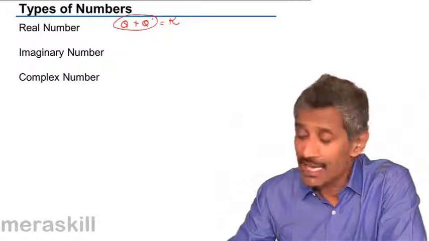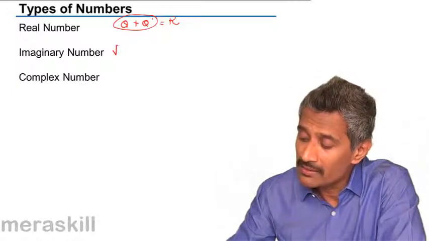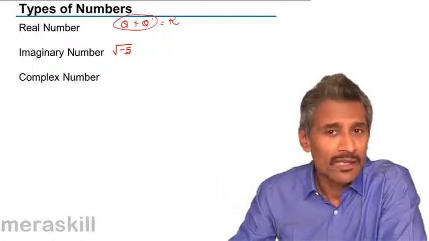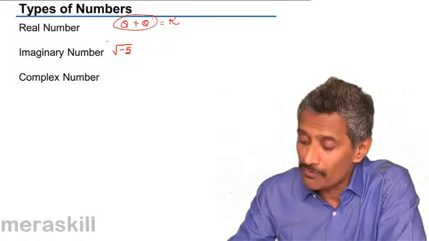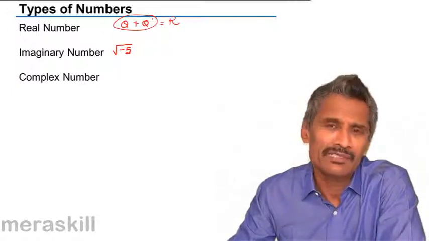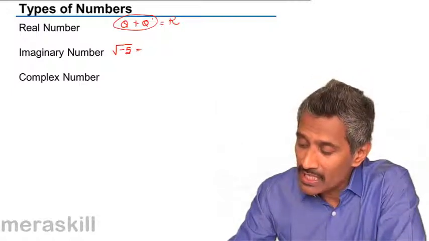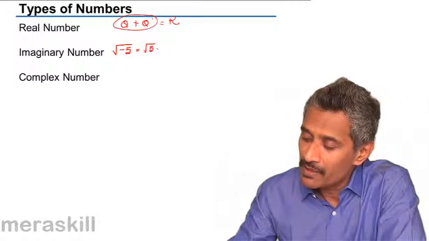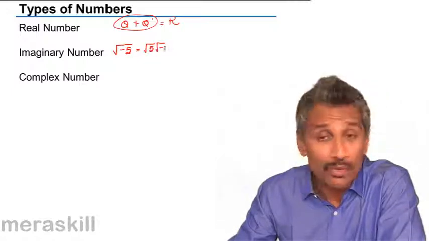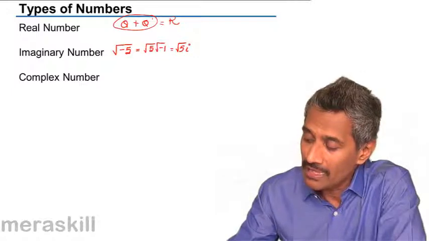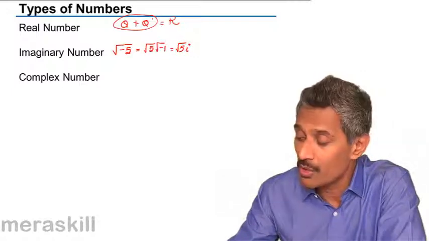But an imaginary number could be something like this, root -5. If you look at it from the set of view of real numbers, root of -5 is something which we cannot relate to. This is actually equal to root 5 into root -1, which is the same as root 5i. The root -1 is called i.